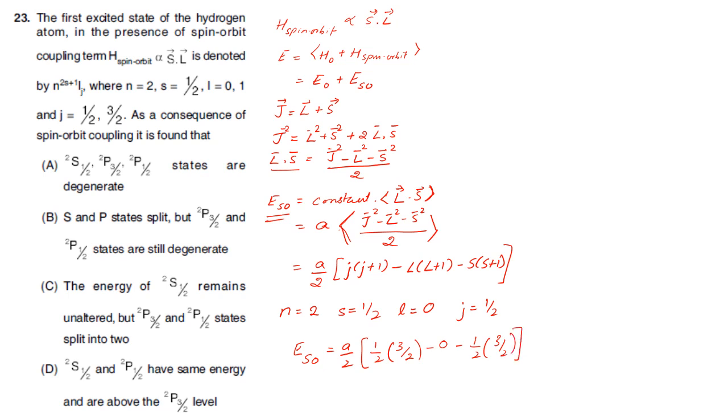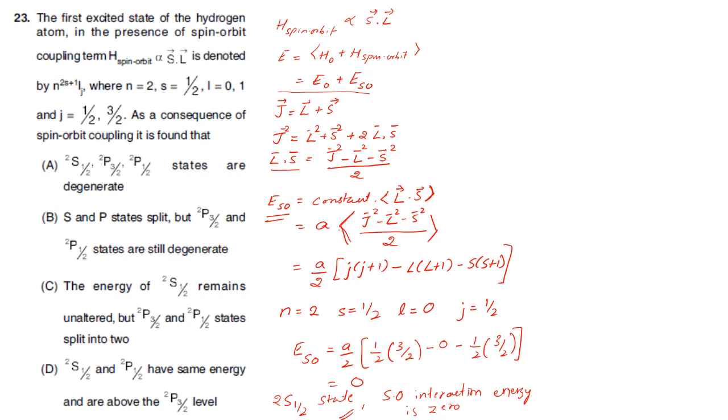Therefore, the value is 0 only. That indicates that the energy is not altered. That means for the 2s half state the spin orbit interaction energy is 0. Therefore, the energy of 2s half remains unaltered.